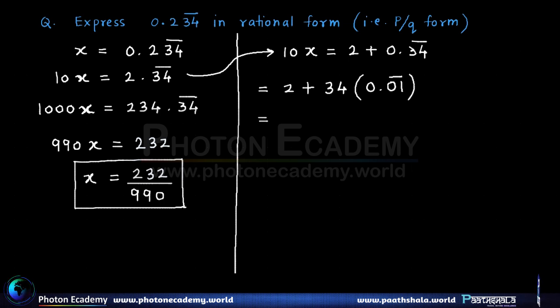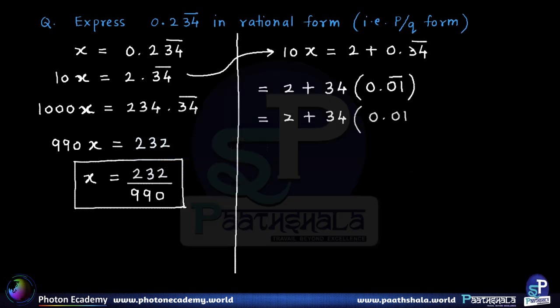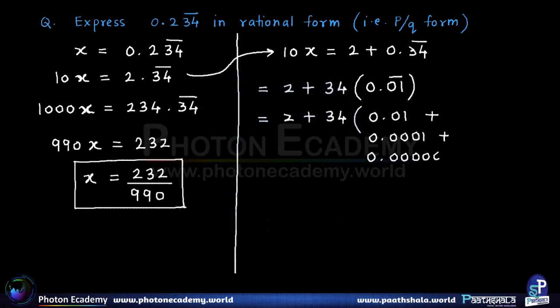So therefore here we have 2 plus 34 into 0.01 plus 0.0001 plus 0.000001 and so on. So basically when you add up all these numbers you will get 0.01 recurring, right?